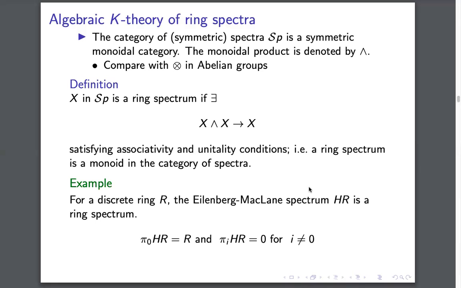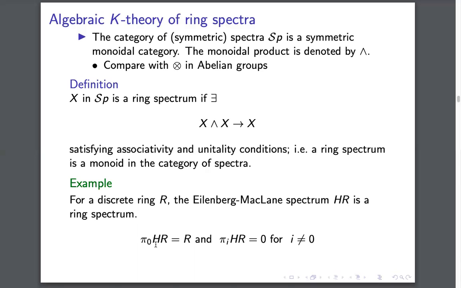The example I'm going to give you is the Eilenberg-MacLane spectrum. This is the analogous thing to Eilenberg-MacLane spaces in spectra, right? If you have a ring R, there's a spectrum called HR, the Eilenberg-MacLane spectrum of R, which is defined by the property that all of its homotopy groups are concentrated in degree 0.